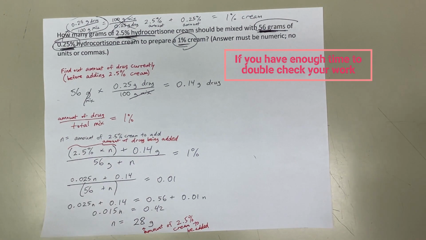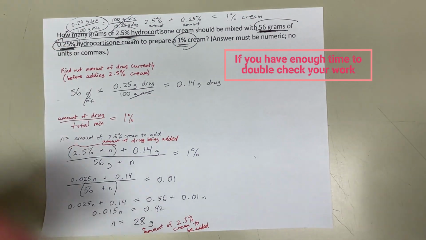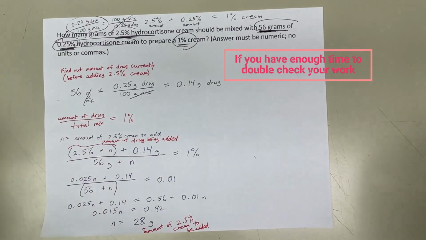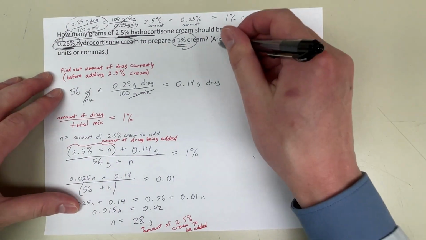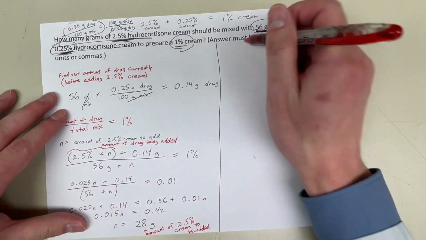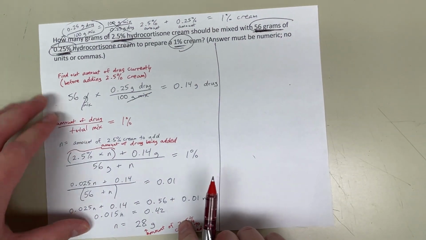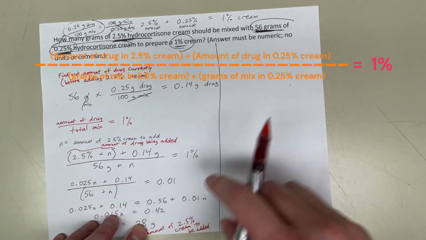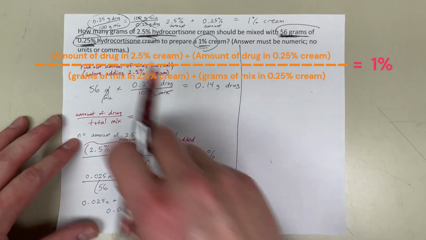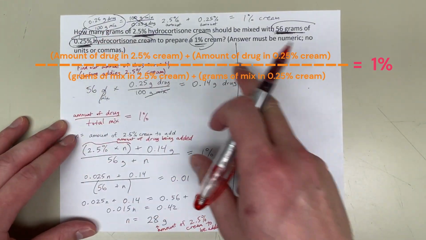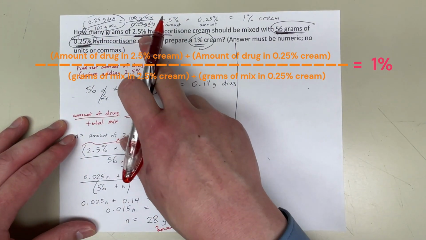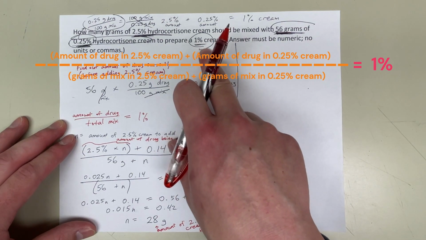Whenever I double check my work, I don't go through the exact same steps, because I'm probably going to make the same mistake if I made one. So instead, I'm going to calculate the amount of drug in both the 0.25% cream plus my 2.5% cream, and see if it adds up correctly to make the 1% cream.